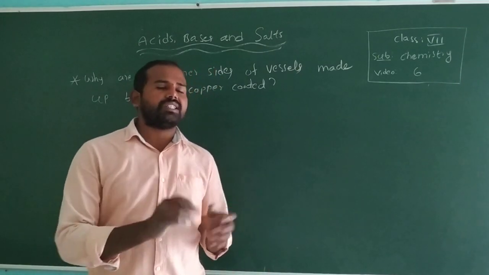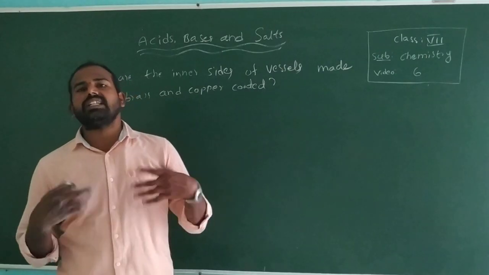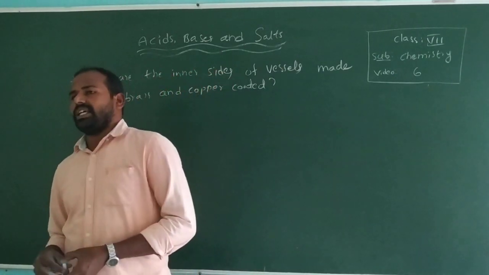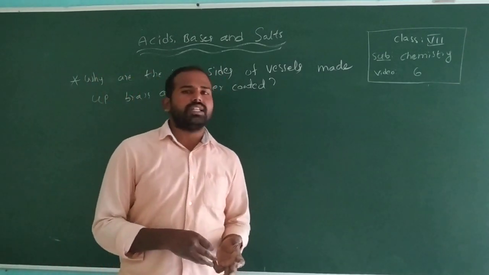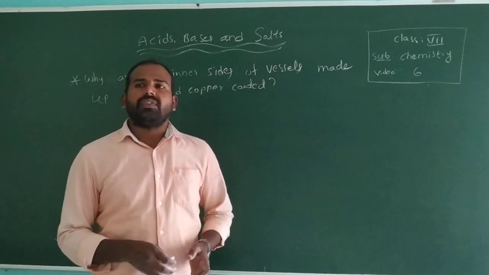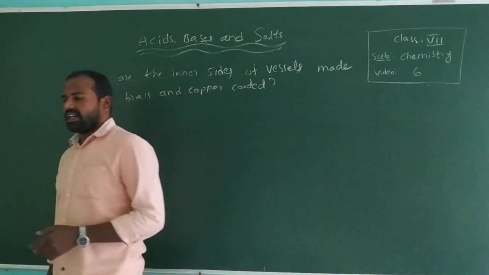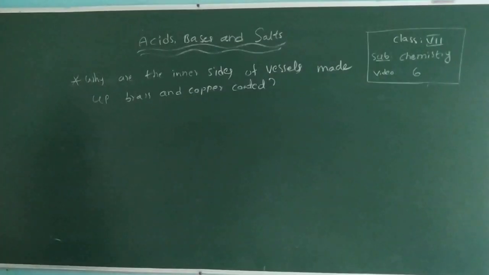If you store pickles in metal containers, they will easily react and the pickle will be spoiled. If you store pickles in glass or porcelain containers, they do not react with acids. Glass or porcelain do not react with the acids. That's why they do not get damaged.